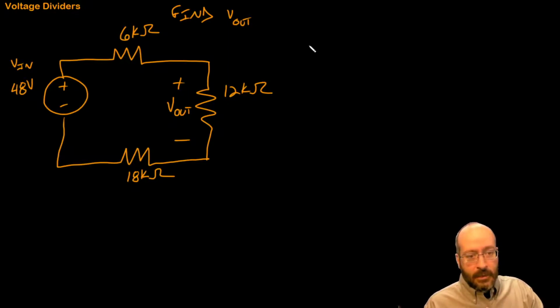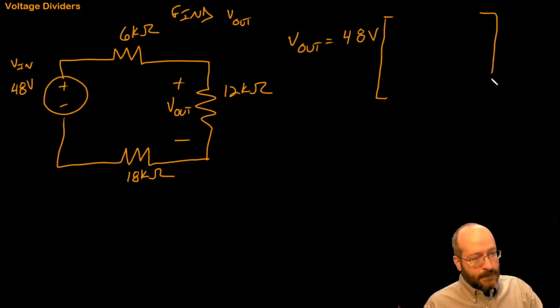So we can simply write V out is equal to, well, we look at the voltage across the series combination, and that's the thing that ends up over here outside of our brackets. That's 48 volts. And then we have a ratio of resistances, and that ratio in the denominator is going to be 6K plus 12K plus 18K.